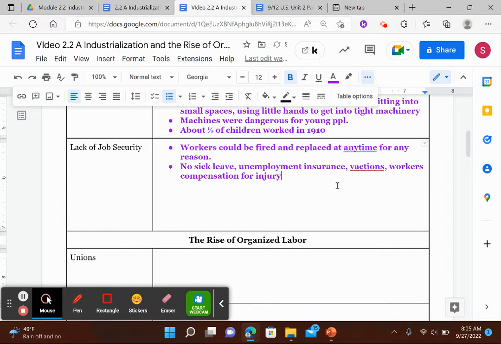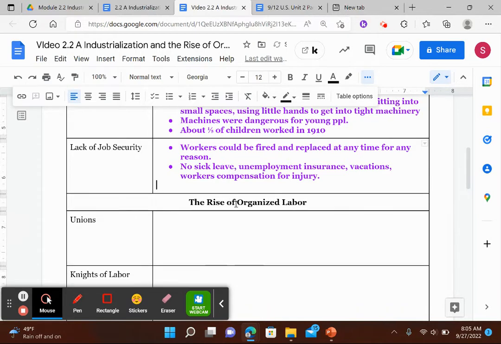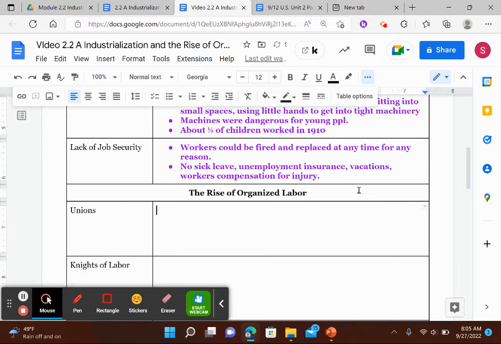So basically, if you got sick or hurt on the job, it was tough luck. You could lose your job. So people came to work sick, people came to work injured, and if you were injured beyond the capability of coming to work, now you had no way to support your family.